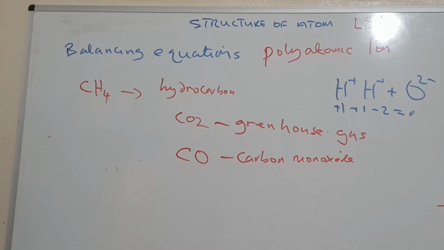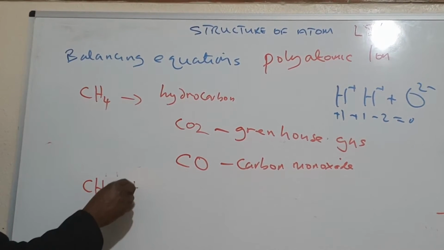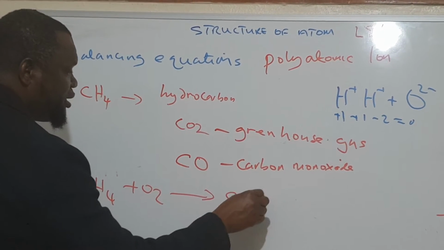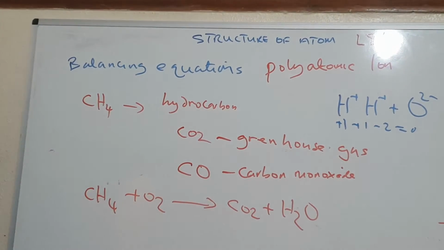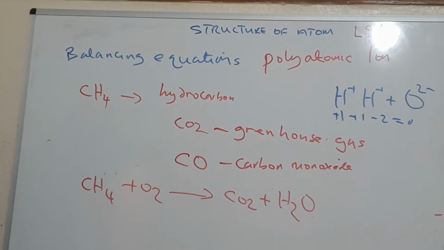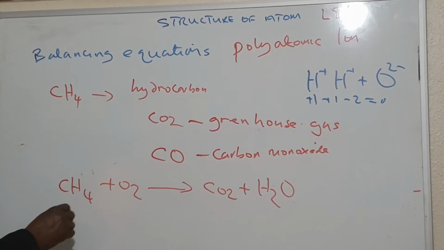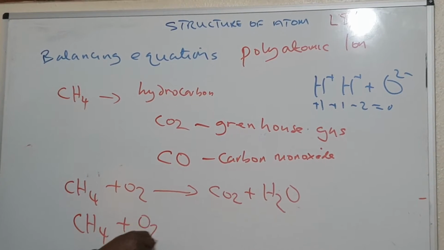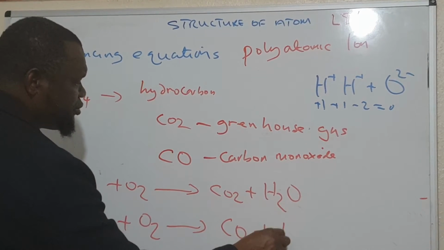Now, it can be like this: methane plus oxygen will give you carbon dioxide plus H2O. That's why petrol is a hydrocarbon. When it's burned, you can see water coming out of the exhaust, yes? But when it's not full oxidation, full burning, it produces carbon monoxide plus H2O.